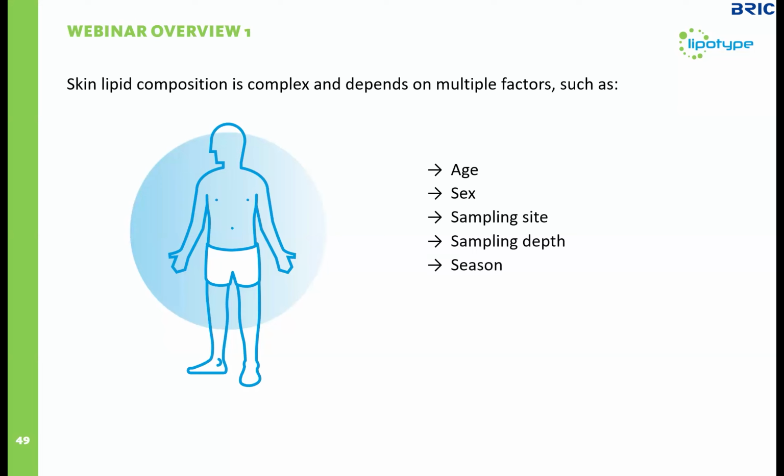There is a seasonal variation, which we did not cover in today's case studies, but there is a significant amount of literature showing a decrease in total amount of lipids in the cold season. This has to be considered if you're planning a clinical study with an intervention. And there is also an influence of skin pigmentation on skin lipid composition.